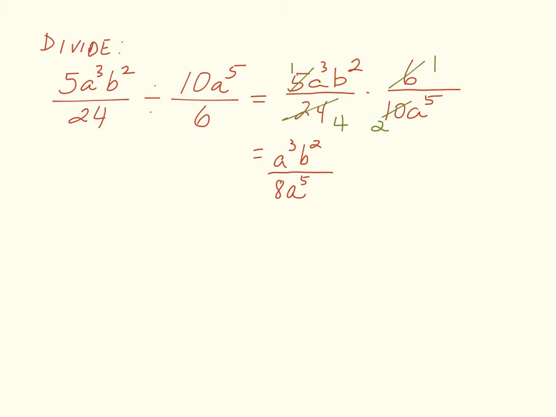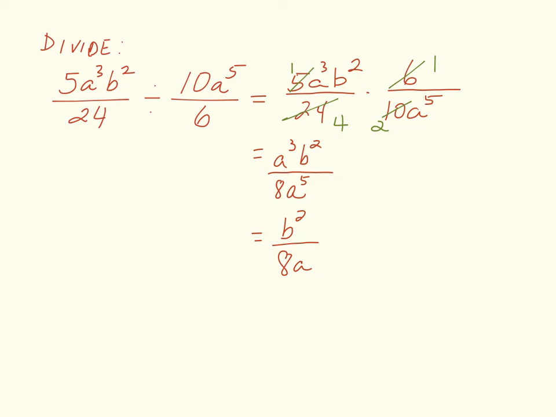The a to the 3rd in the numerator cancels with 3 of those factors of a in the denominator. So that goes away in the top. So we're going to be left with b squared in the top and 8a to the what in the bottom? 8a squared, right?